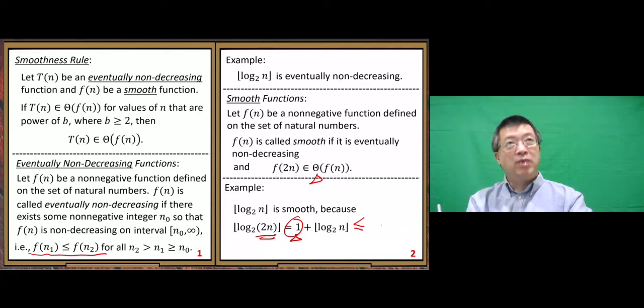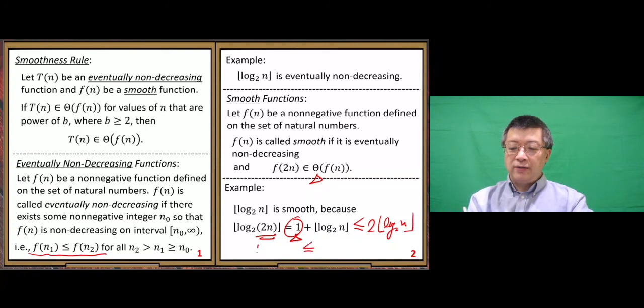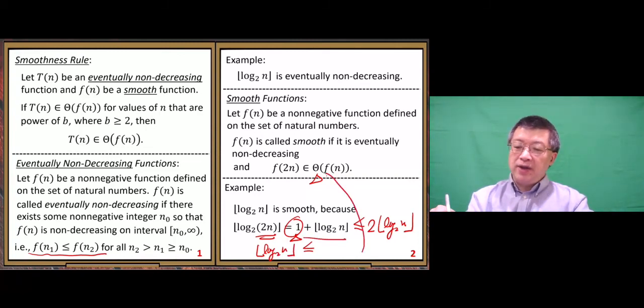So remember upper bound, lower bound. Upper bound, can we use 2? From upper bound, we can use 2, right? Yeah. Lower bound, we just use 1, okay?